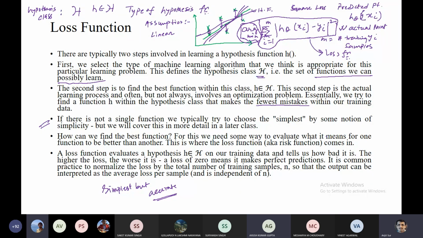Generally we use 1 by 2m, where the 2 is for convenience and m is the number of training samples. Okay, so that we understand what is meant by loss function, because the loss function is very important in machine learning, and it makes a lot of sense for deep learning.